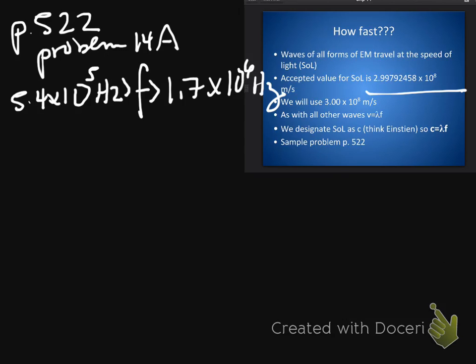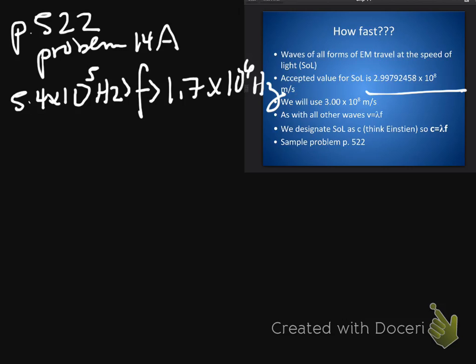So on page 522, we've got sample problem 14A, and what it tells you is that the AM radio band extends from 5.4 times 10 to the 5th hertz to 1.7 times 10 to the 6th hertz. What are the longest and shortest wavelengths in that frequency range?